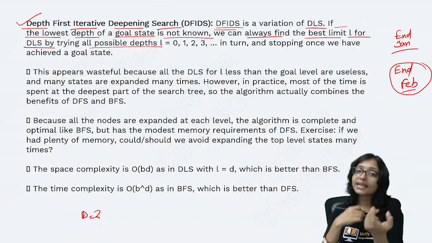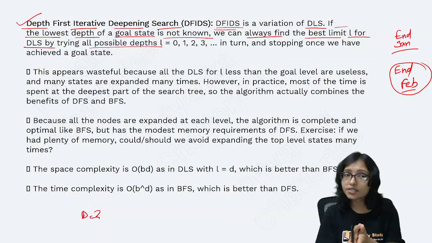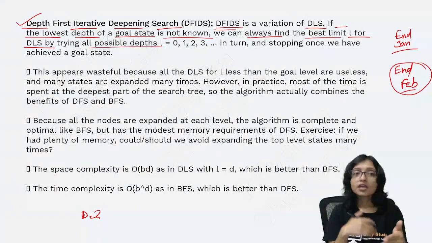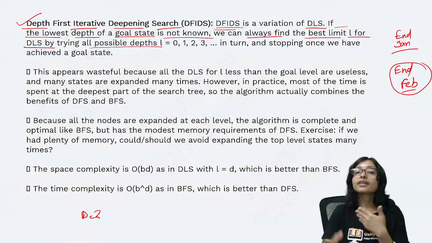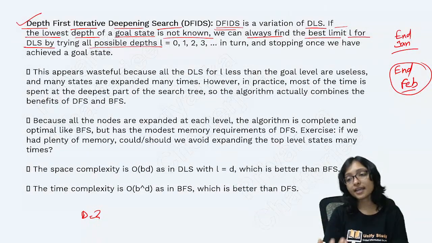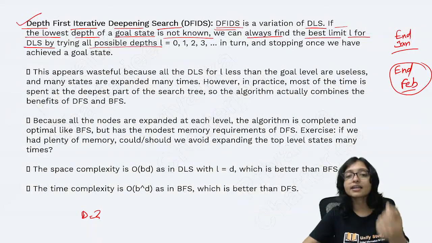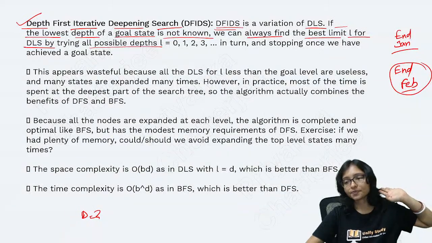But here, by iteration, it will increment the depth. First it will try depth 0. If I get the goal, then fine. Then I will increment to depth 1 and try again. Then increment to depth 2 and try again. Like that, iteration wise, increment the depth and then do the depth limited search.